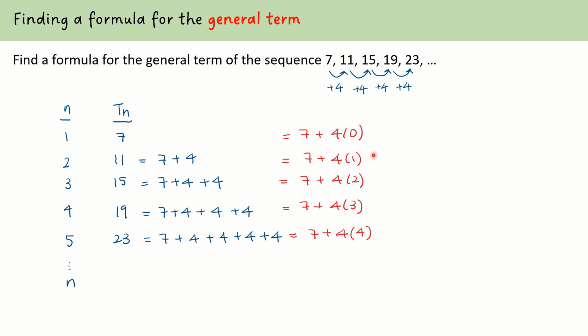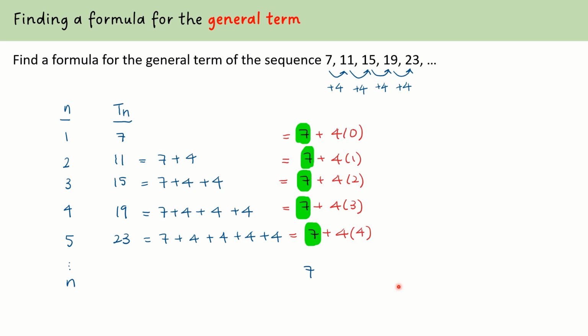Similar to the earlier example, we look at this red writing that I have over here. What are the numbers that are actually the same throughout every single term? I hope you recognize that it is 7 that is always the same. So in my general term, I must have a 7.